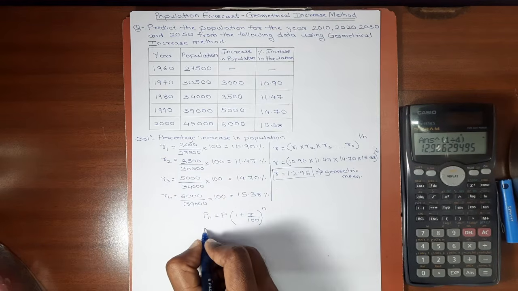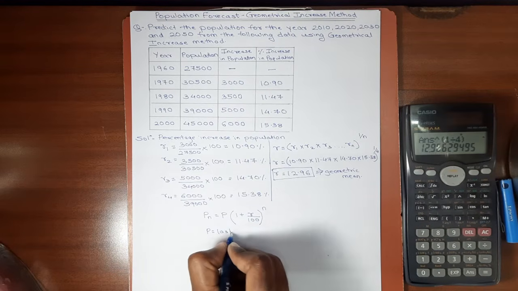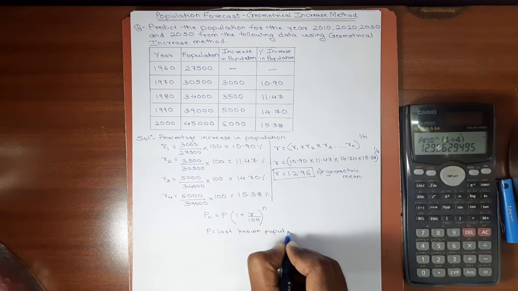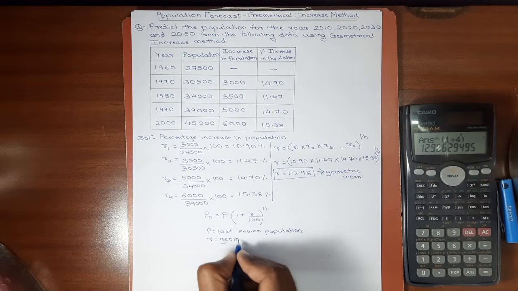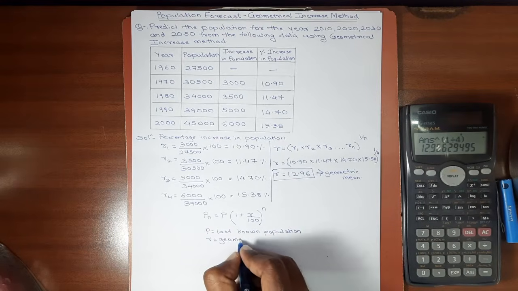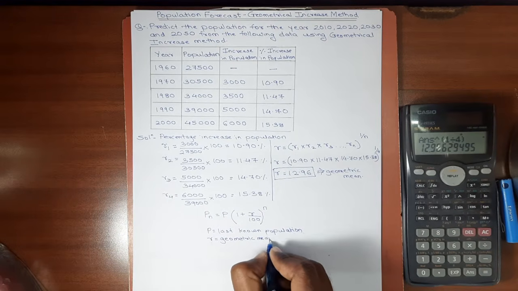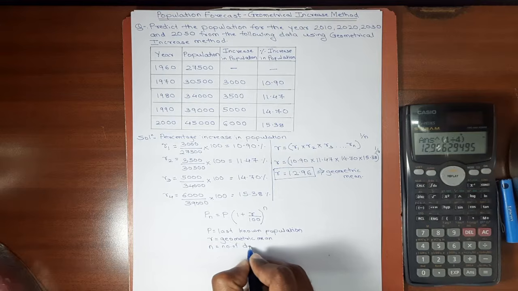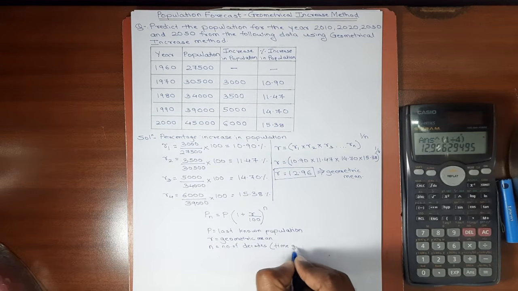The terminologies will be, here P will be the last known population, R will be geometric mean, which we just calculated over here, and the value of n will be the number of decades, or we can also write it here as time gap.